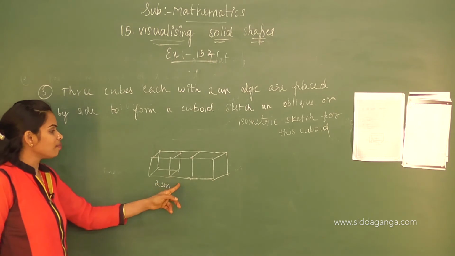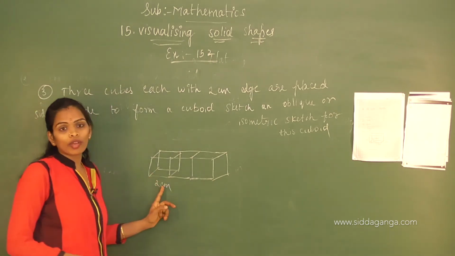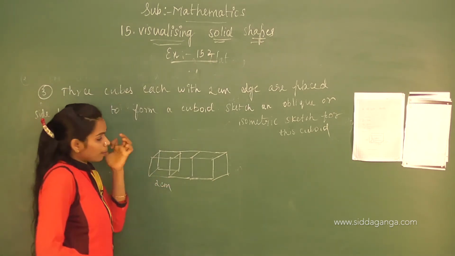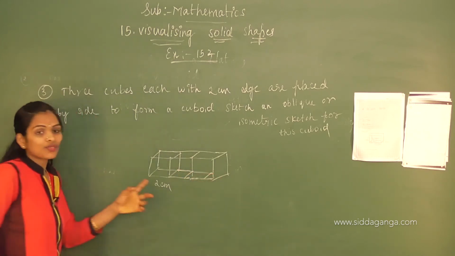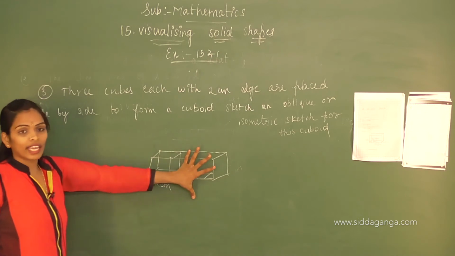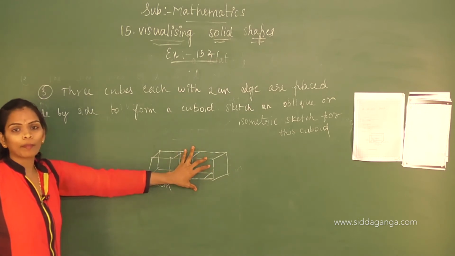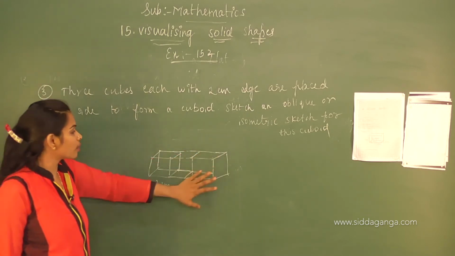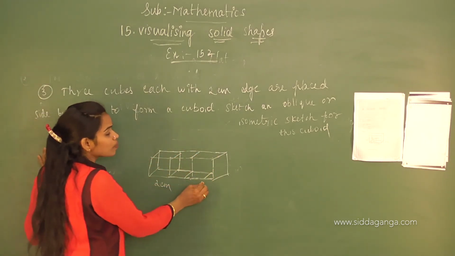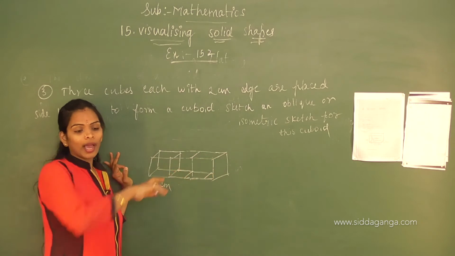They are placing them side by side. Just we have to draw these sketches on isometric dot paper or oblique sketch. Just I am doing here isometric. How to draw these side by side cubes on isometric dot paper, I will show now.